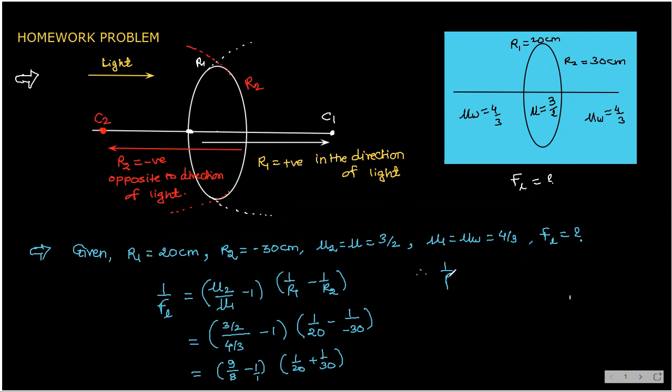Therefore 1 by FL is equal to 1 by 8, right? You can check, 9 minus 8 divided by 8 means 1 by 8. Now take the LCM for this. How much is this? Shall I take 60?